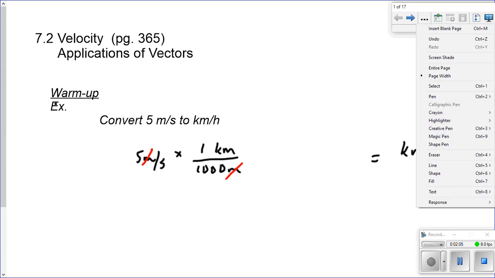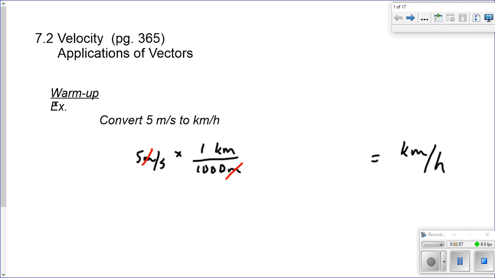I might know through background knowledge that 60 seconds exist in 1 minute. That's a pretty common understanding. And I also know that 60 minutes occur in 1 hour.